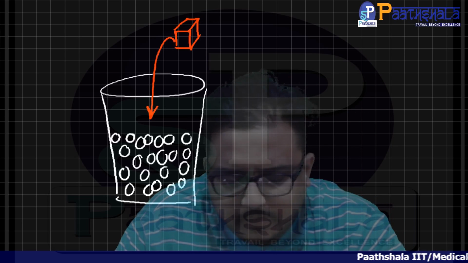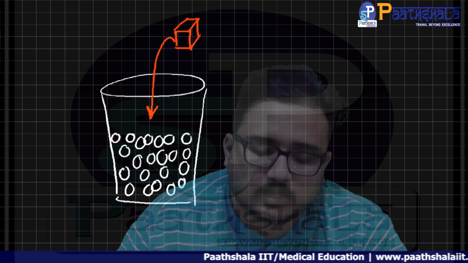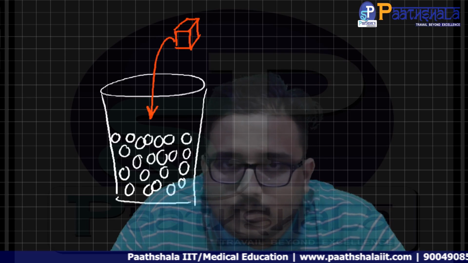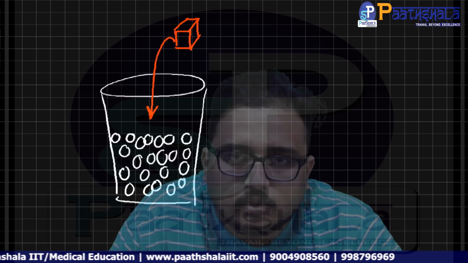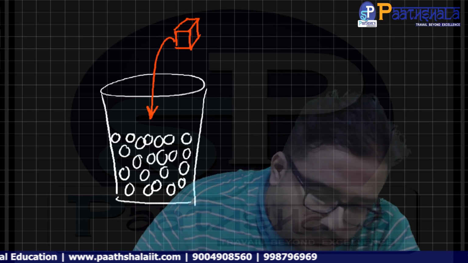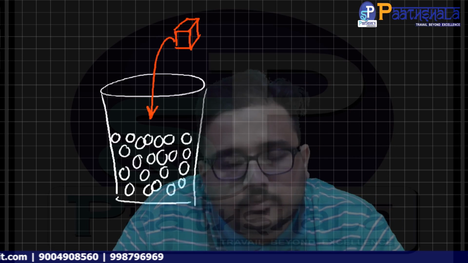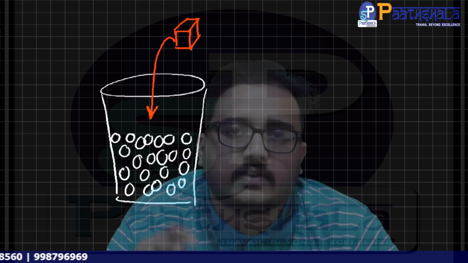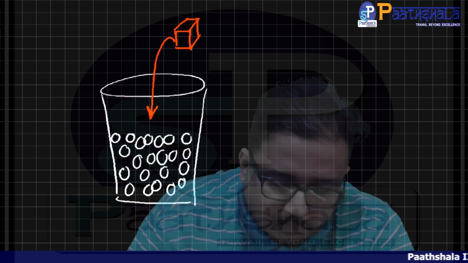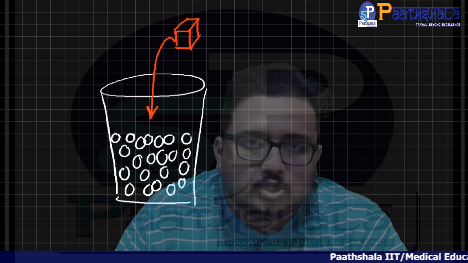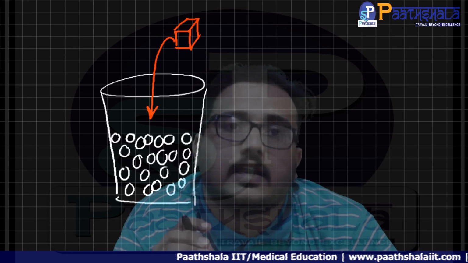And let us for now imagine that the brick is capable of displacing only one marble. So I am sure that you guys will agree that if the person drops the brick in very softly or slowly, then none of the marbles will spill outside the bucket. So the brick will have to have some minimum amount of kinetic energy that it should possess such that the marbles will be spilled outside. So this minimum amount of kinetic energy in this scenario is called as the threshold energy.